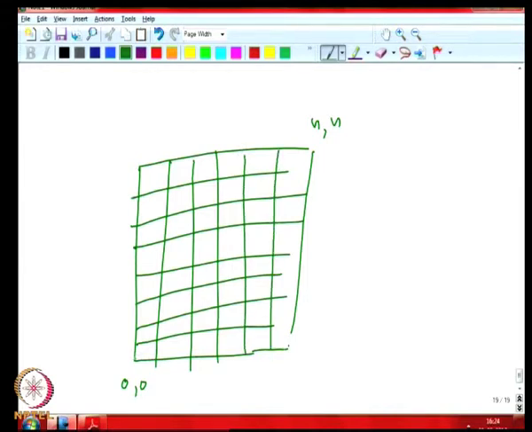Our main diagonal will correspond to this. So, this is the main diagonal.